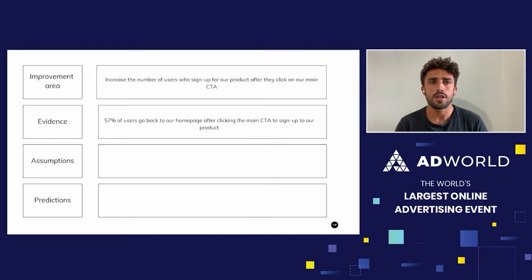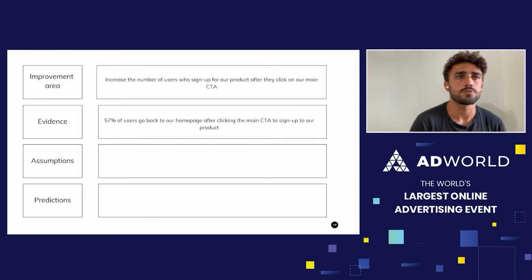One piece of evidence for this case is that 57% of users go back to our homepage and don't sign up after clicking on the CTA in the hero. So that's one piece of evidence that there are probably some things we can improve there.